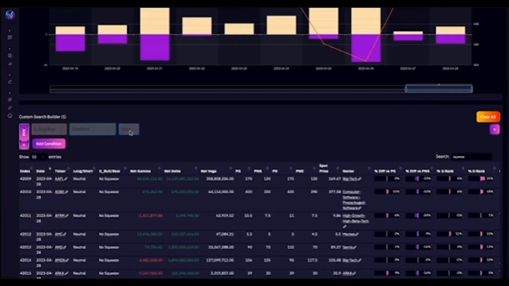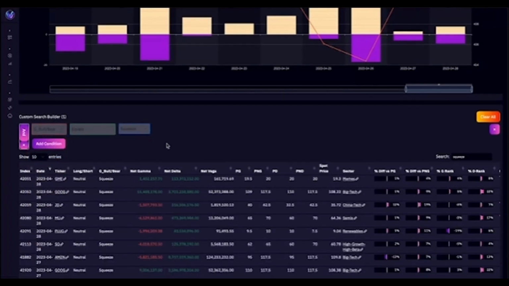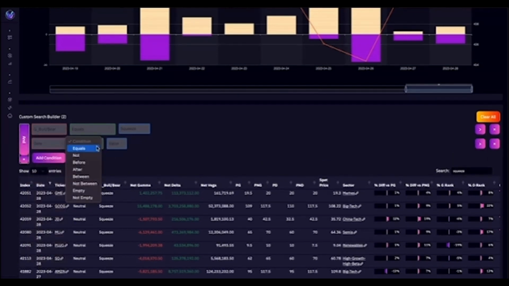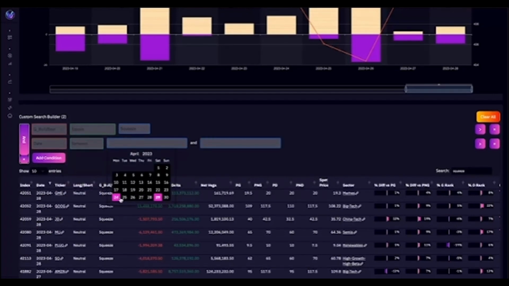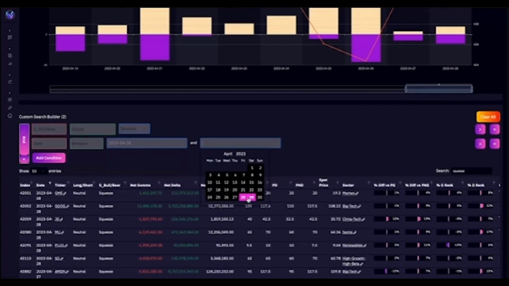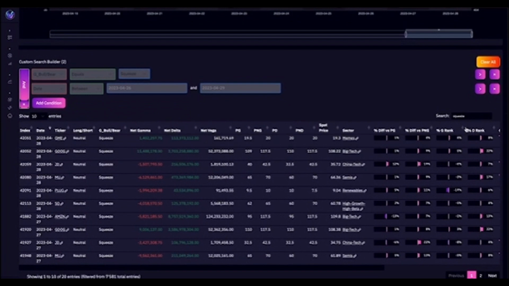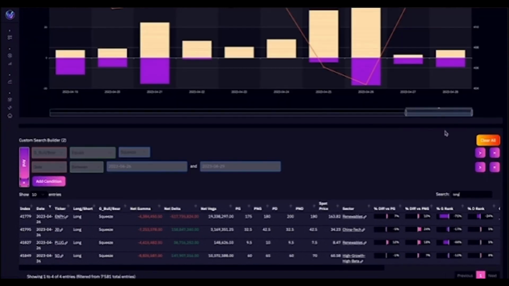But type in squeeze as an example, go filter in dates, stick those in between. So let's go here. I'll typically look back a couple of days. Right now I've got my filters in. I've already got squeeze in there. Maybe I just want to type long at the same time.